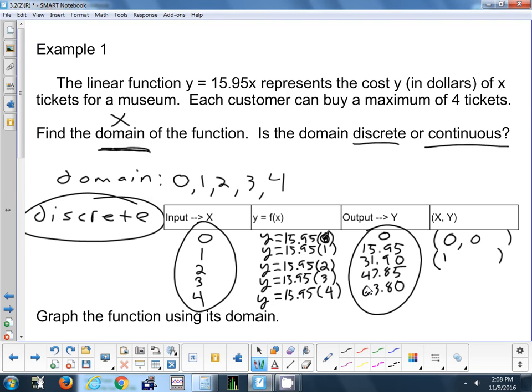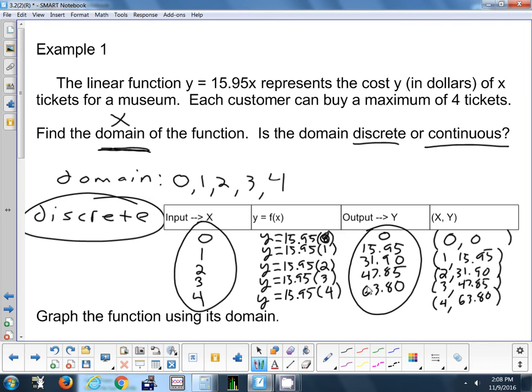What's the cost to buy 1 ticket? 15.95. Cost for 2 tickets, $31.90. 3 tickets, $47.85. And 4 tickets is $63.80.